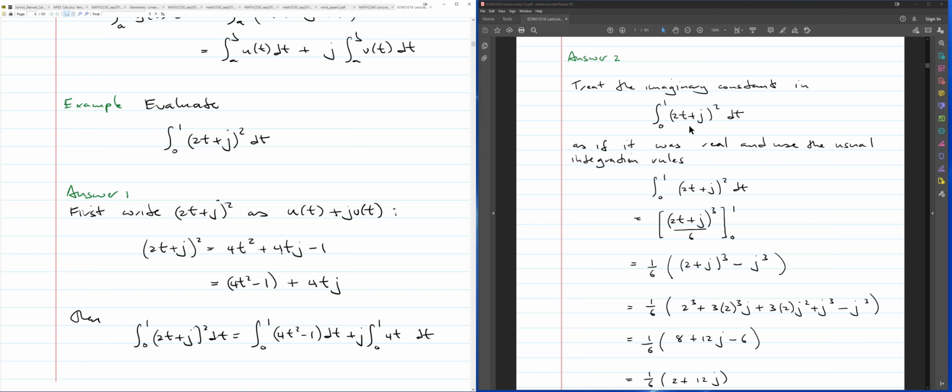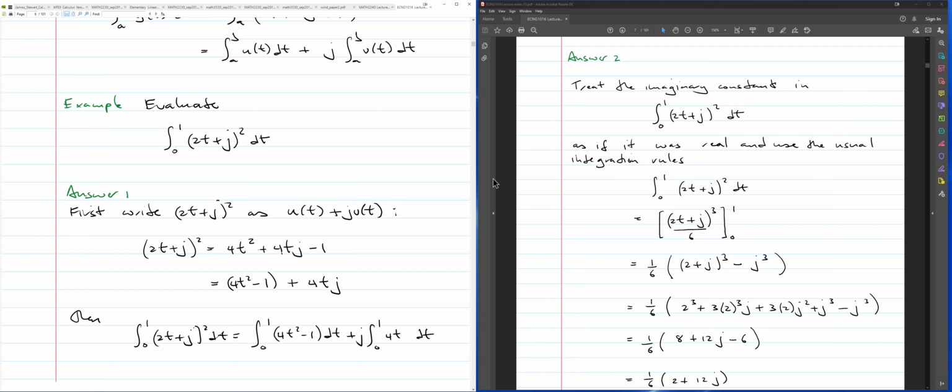Okay, so that's doing it this way, and then this way over here, what I did is I really just used normal integration, and the j over here I just regarded as being real, and I used my normal rules that I would have used if the j were real.